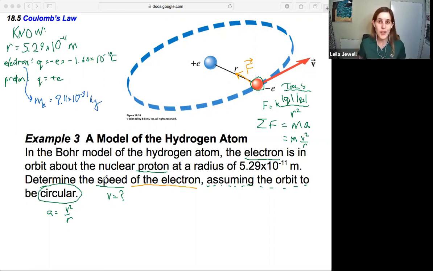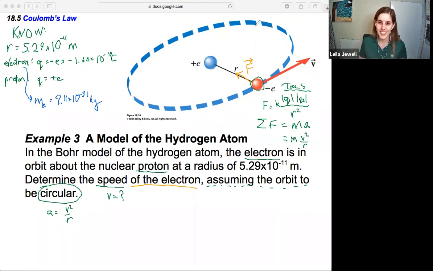All right, so now we are actually in really good shape. We can solve for the force that is pulling the electron inward. It's this electric force. Once we know that force, we can set it equal to mv squared over r, and then solve for v, and we'll be home free.